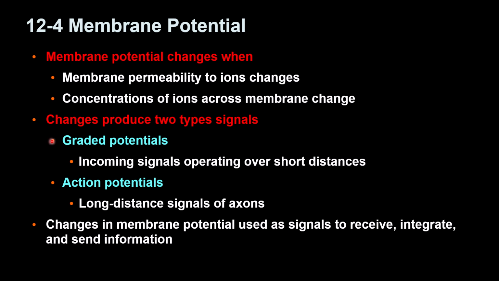One is called the graded potential, and in the graded potential, when the electrical activity happens, it will be over a short distance. It will not go to long distances. Compare that with an action potential, which can travel long distances, and I will give you more detail about that. Based on this change in the plasma membrane, the information can be sent, received or processed.